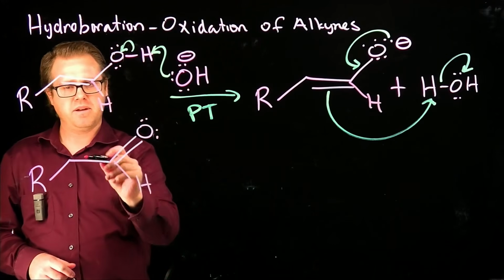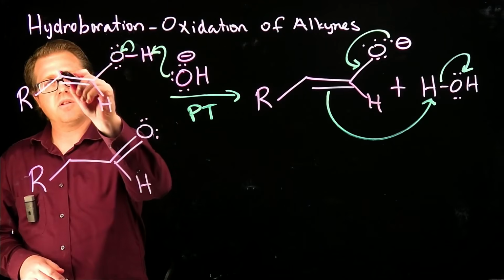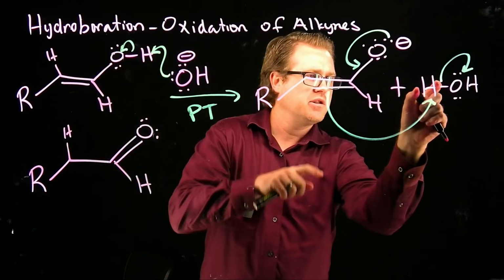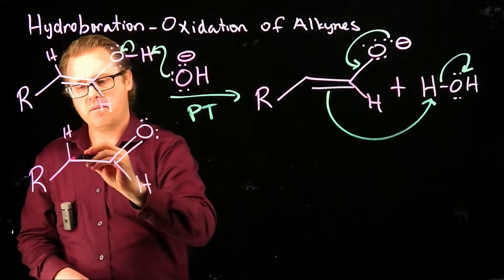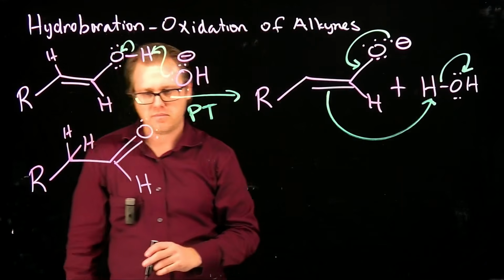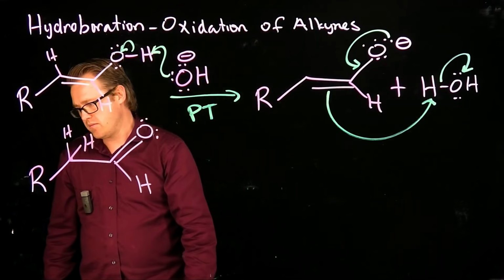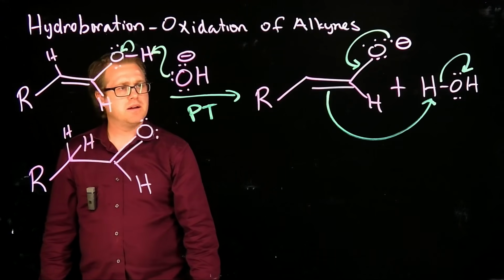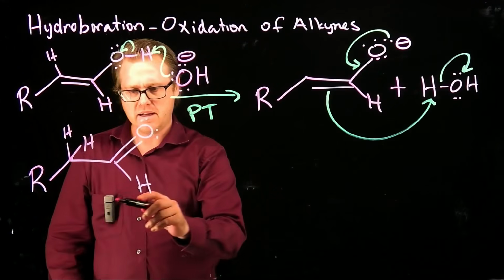Okay, and then what did we do? There's already a hydrogen there, so that one's that one. But then this hydrogen right there, I'm going to now add it. And there we go, there's our aldehyde.